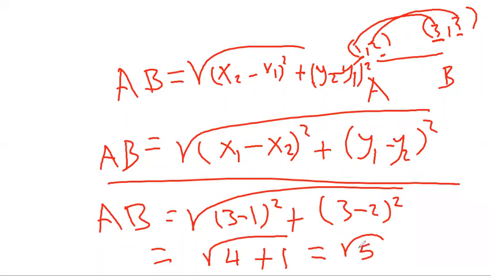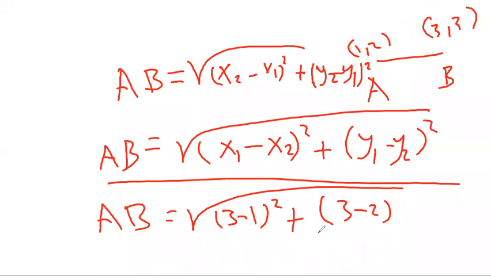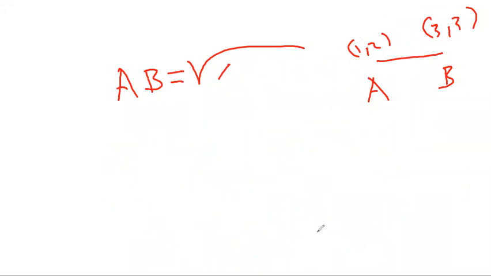The second rule and the last rule in this lesson is how to find the coordinates of the midpoint. If I have A equals 1 and 2, B equals 3 and 3, what will be the coordinates of the midpoint of AB?